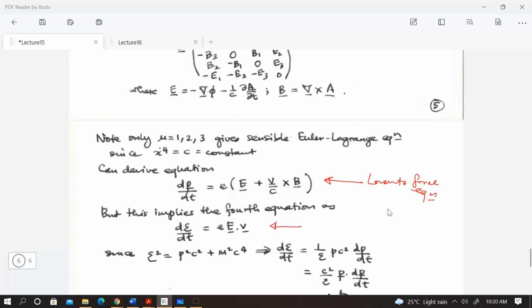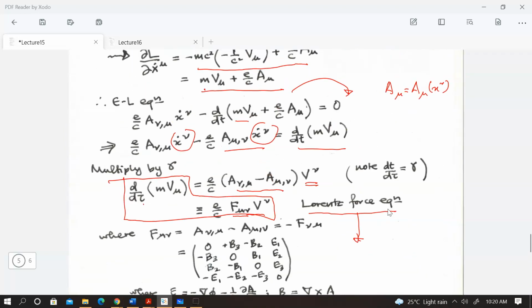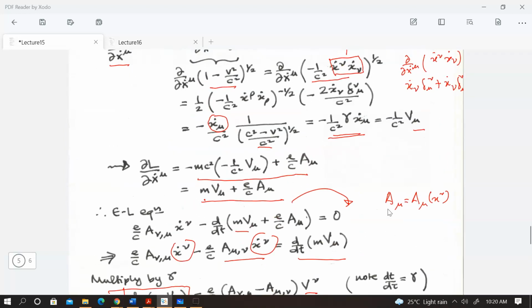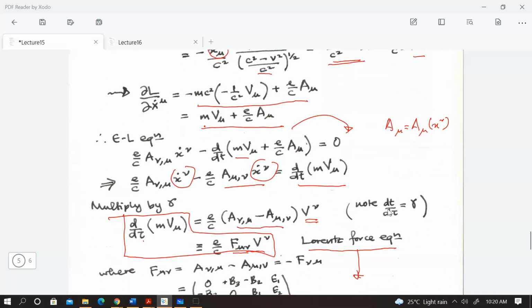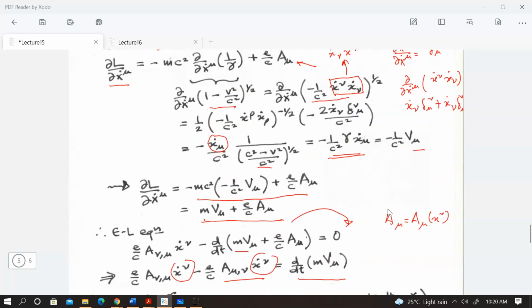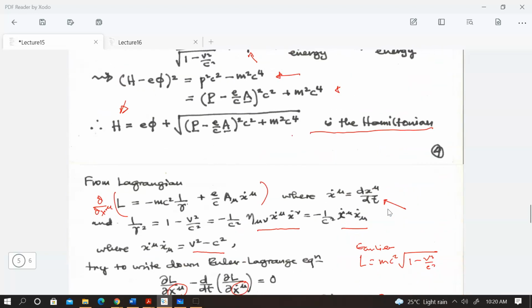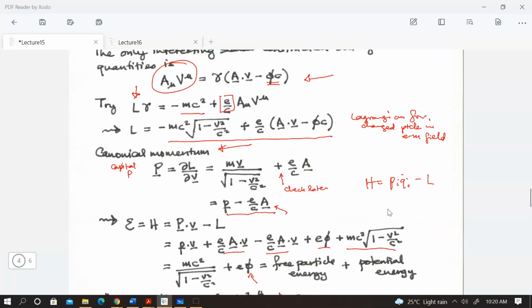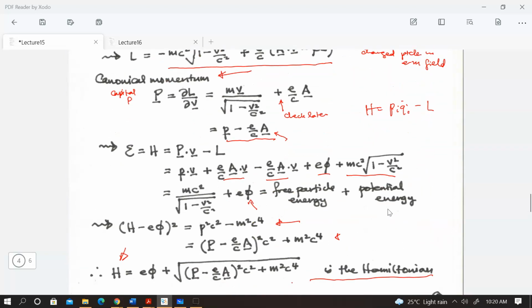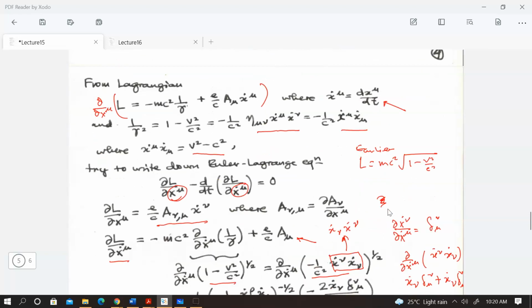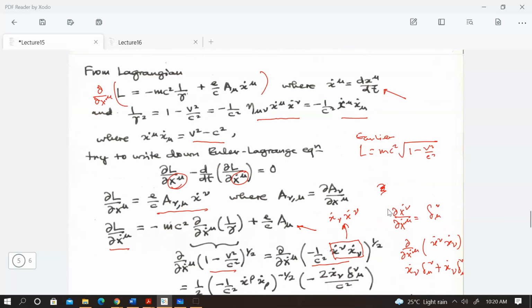So in other words, what we have over here, we have done everything in terms of relativistic form. Your Lagrangian, we have your Lagrangian earlier, now written in terms of the relativistic form is given in terms of this.